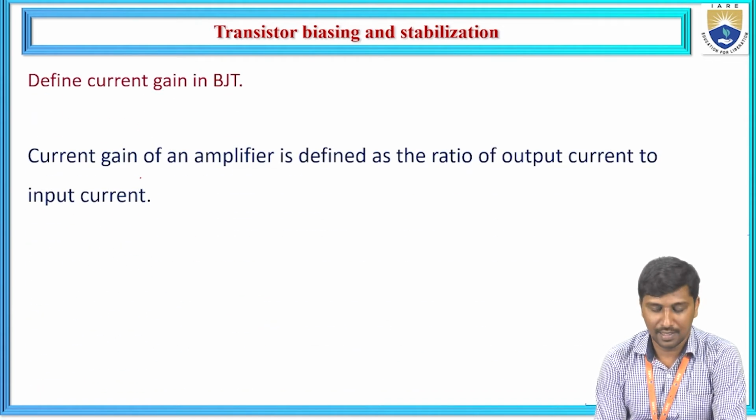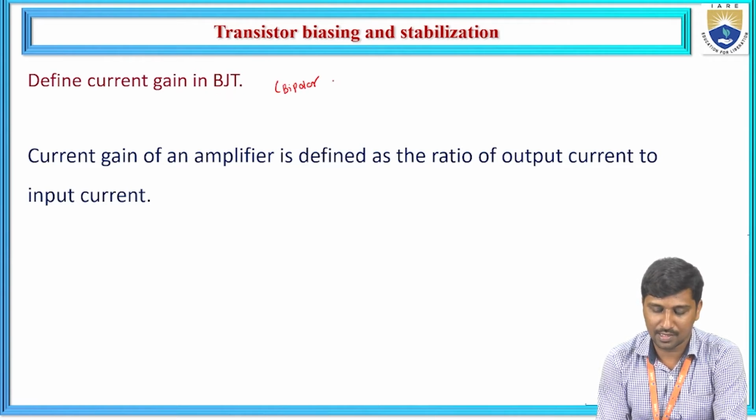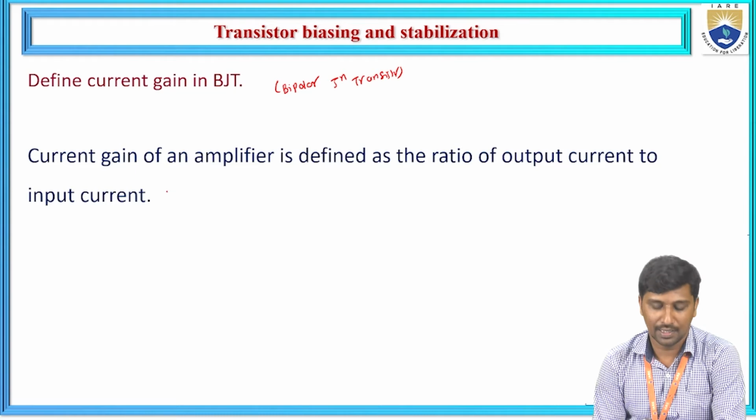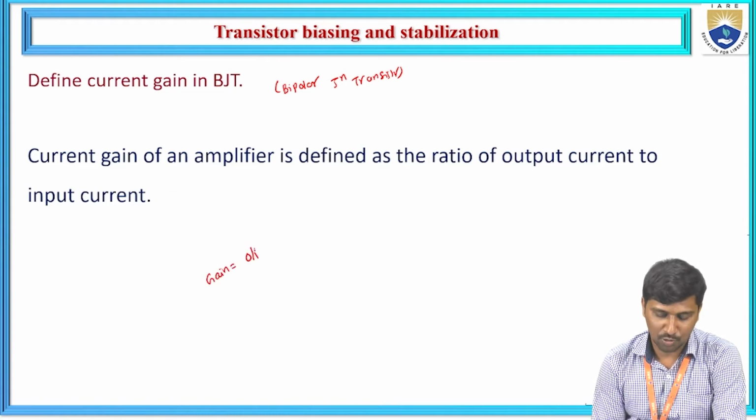Define current gain in BJT, that is, bipolar junction transistor. In this case, we are going to define the current gain. Generally, gain is defined as the ratio of output parameter to input parameter.